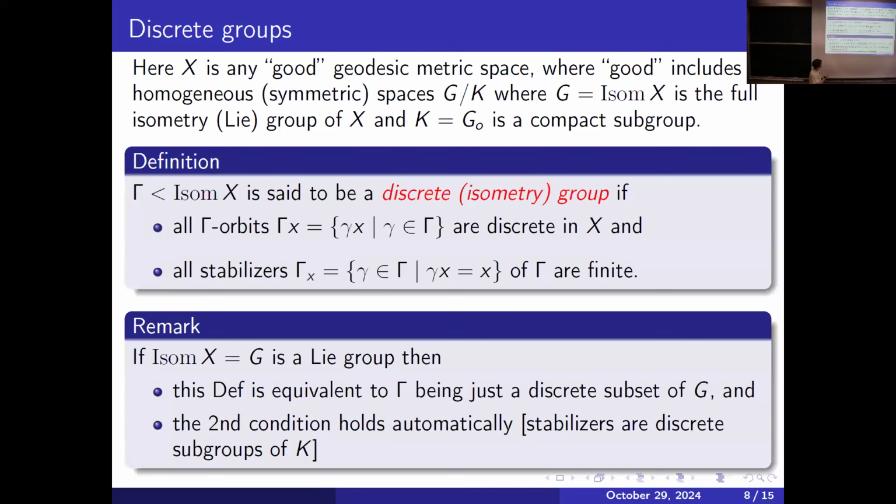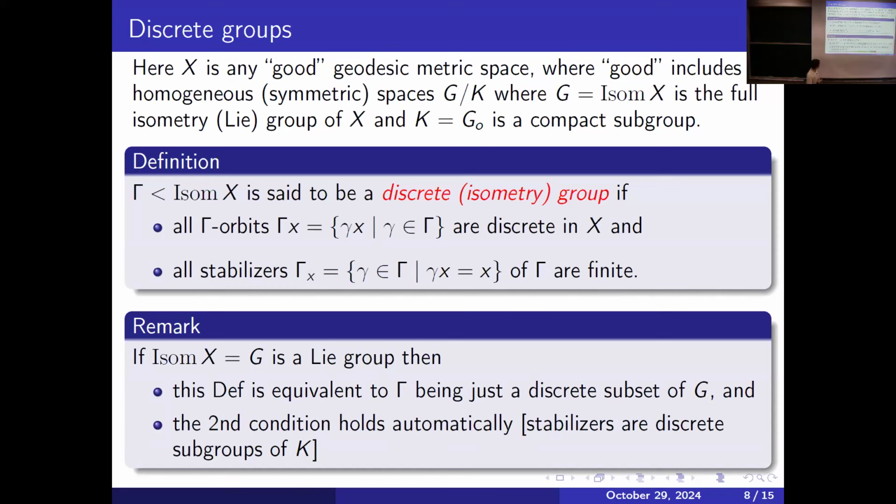It is definitely a subgroup of the stabilizer G sub x: if you take the full isometry group and consider the stabilizer of x in the full isometry group, G sub x, then gamma sub x is a subgroup of G sub x. But then let's get back here. G sub x is just a compact Lie group.